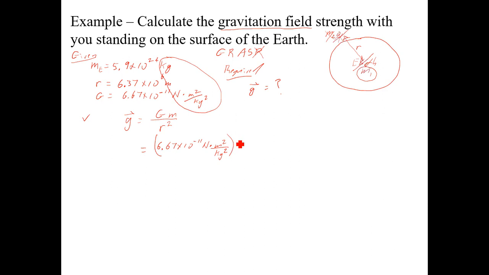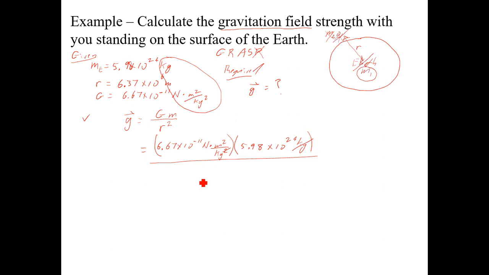Okay, we're going to take that and we're going to multiply it by the mass of the Earth, which is 5.98 times 10 to the 24 kilograms. So why do the units? Because now we can see that this is actually going to cancel out with one of the kilograms that we have in the denominator. Here it's in the numerator, here it's in the denominator, so they cancel out.